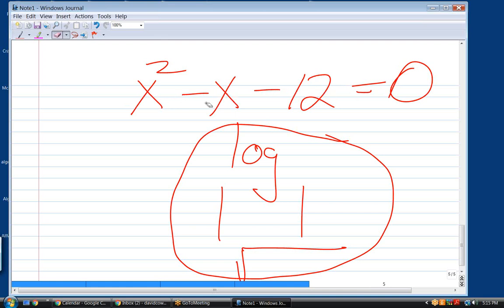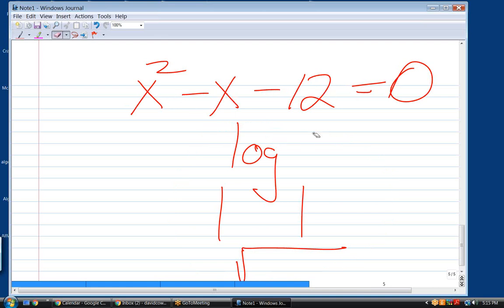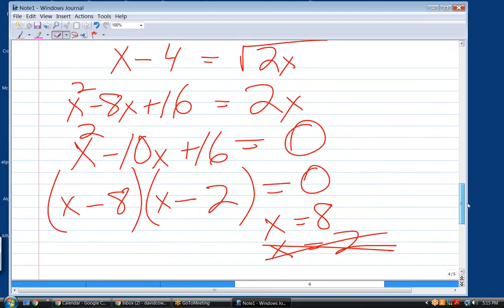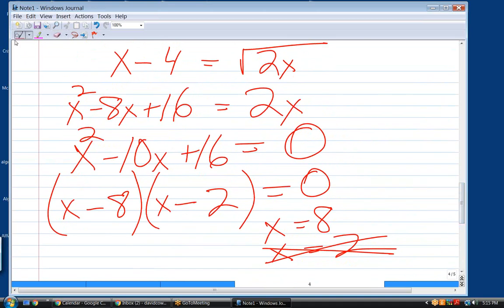You might say, well, what is an extraneous solution? Why do they happen? It's because when you get to this step, where I say x minus 8 times x minus 2 equals 0, that doesn't mean that both x minus 8 and x minus 2 have to equal 0.